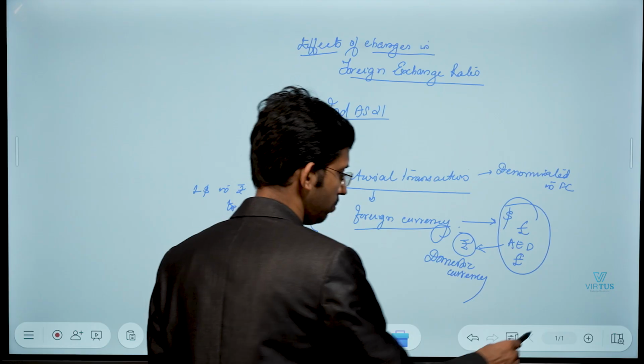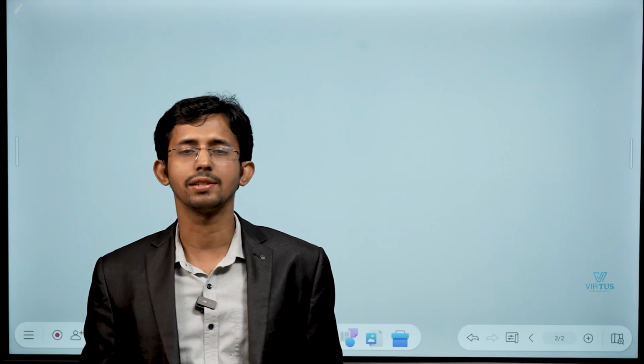Now this standard is considered to be a very complicated standard by many students, but at the same time, for those who understand the principles, it is a very simple standard also. And most of the times what we have seen is, whether it is a problem on consolidation, or a problem on business amalgamations, or even a direct question on IND AS, you might have the application of IND AS 21 because it deals with foreign currency.